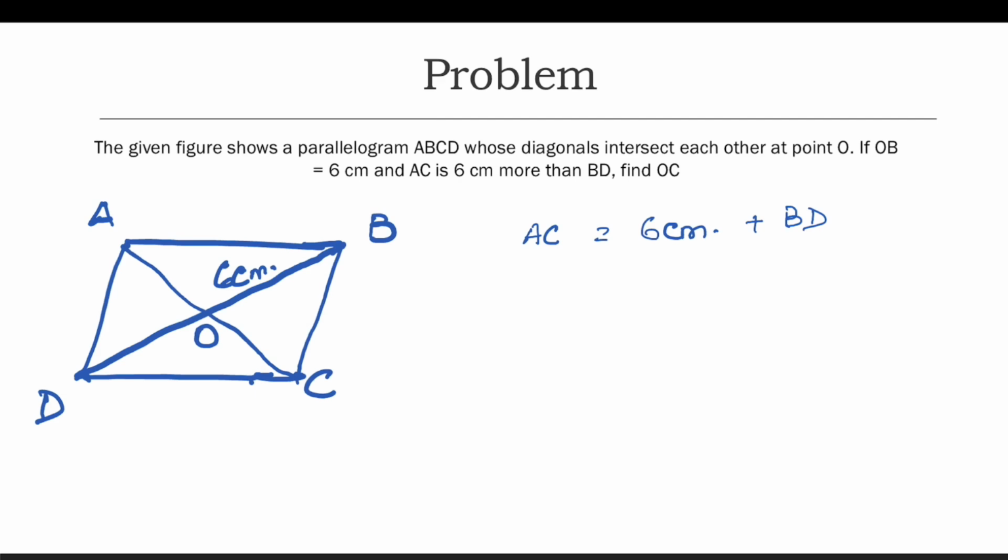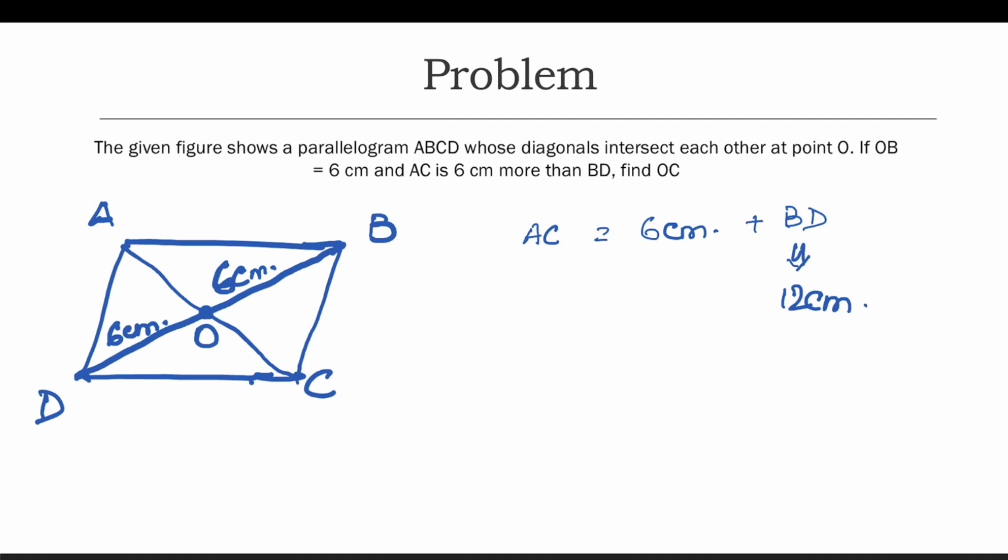Okay, so this is 6 centimeter. Since they are bisecting each other at O, because diagonals of a parallelogram basically bisect each other wherever they meet, this is 6 centimeter, this is 6 centimeter. So overall BD is equal to 12 centimeter, right?